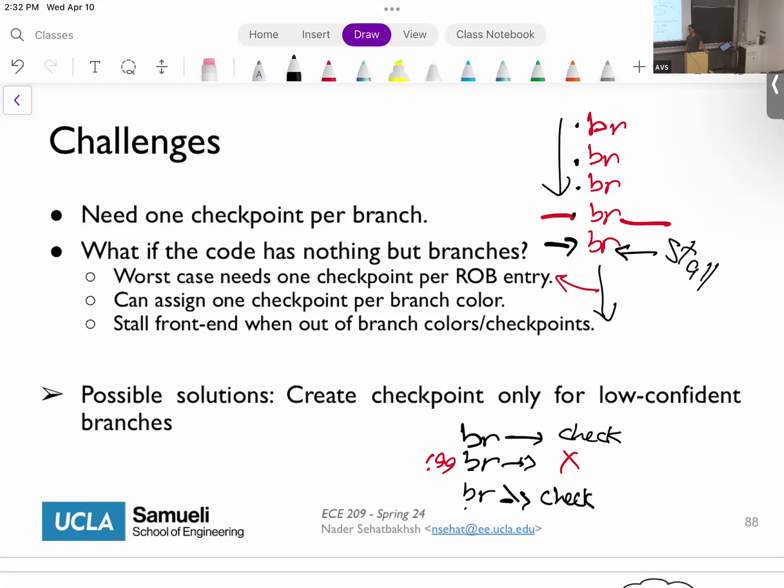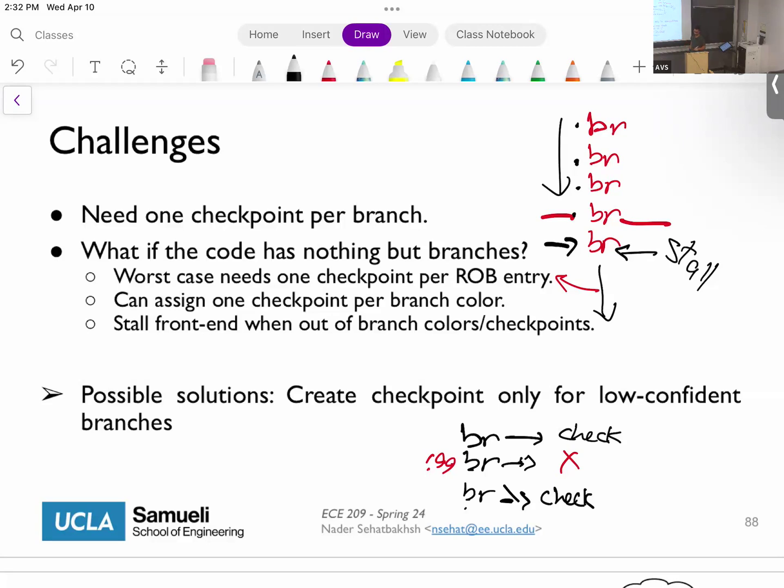Yes. So you would only need like a handful of checkpoints, right? Depends. So your argument is that there is always like 10 cycles difference between them. Not necessarily.